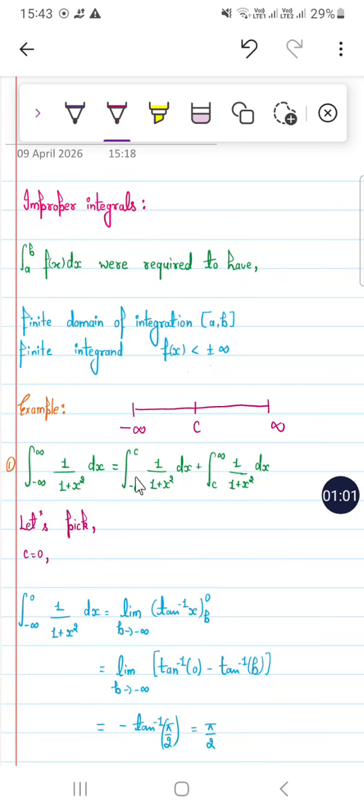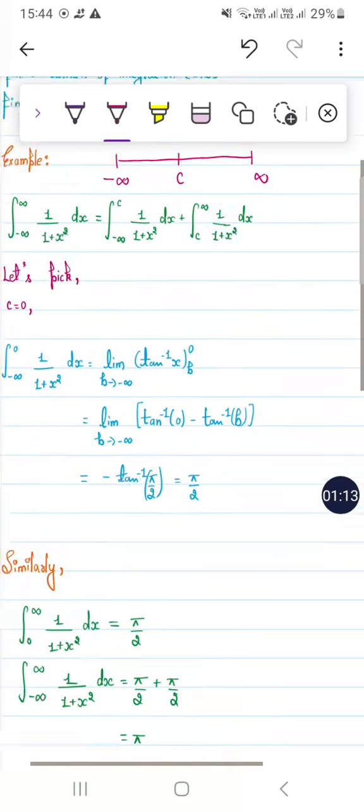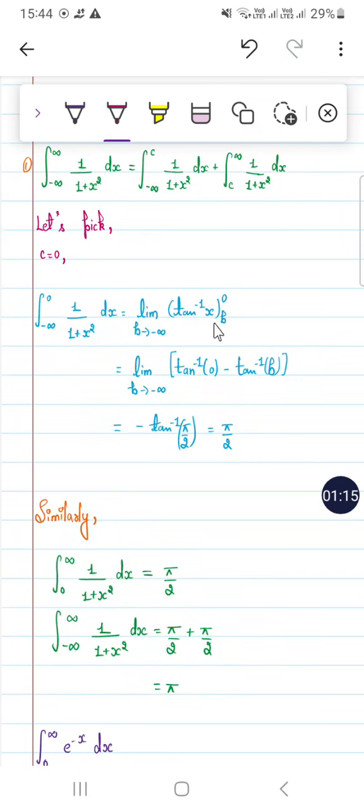Firstly, we take minus infinity to 0 of 1 over 1 plus x square dx. So it is the limit as b tends to minus infinity. The integral is tan inverse x, and we put the limits b to 0, right? So this will become tan inverse 0, which is 0, minus tan inverse b, which is minus pi by 2, which gives pi by 2.